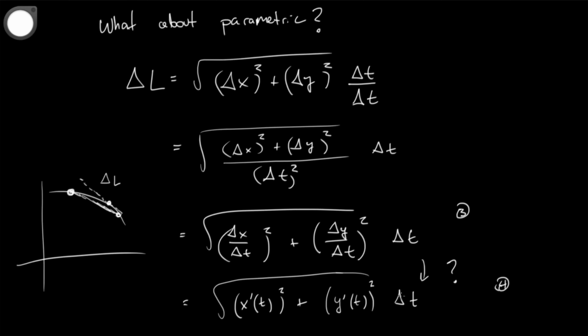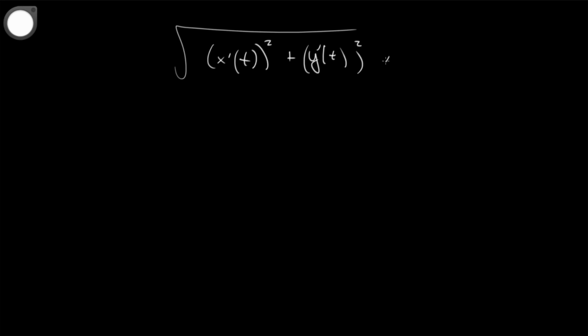This move is valid. So let's go ahead and write this out again. We got a delta t on the outside. Let's go ahead and find the actual length. We'll throw a limit right here as delta t goes to 0.